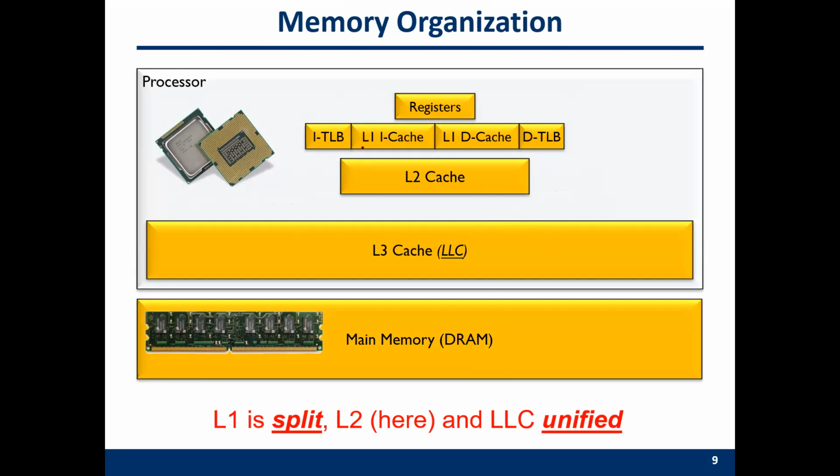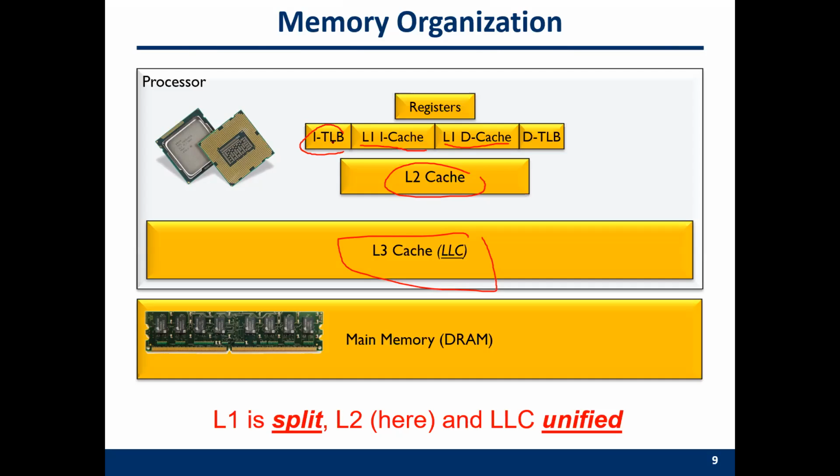In a general case, we have an L1 cache, an L2 cache, and even an L3 cache. The L1 cache is split: we have an L1 instruction cache and an L1 data cache, so instructions and data are separated. We also have the so-called translation lookaside buffer, TLB.